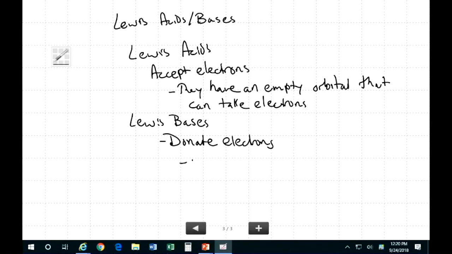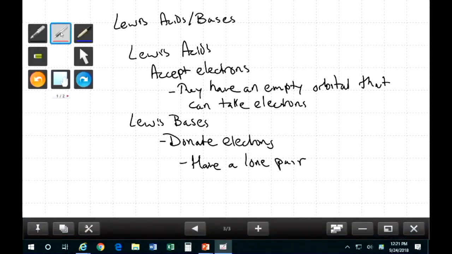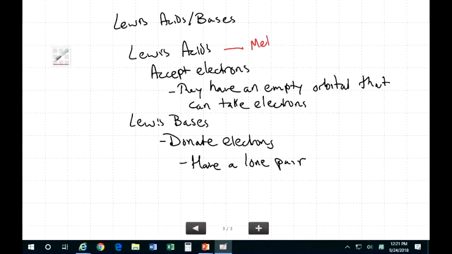Lewis bases almost always have a lone pair of electrons, so we're donating some lone pair to our Lewis acid. Lewis acids are often metals or metalloids. So that's often what we think about for Lewis acids: metals or metalloids, right?